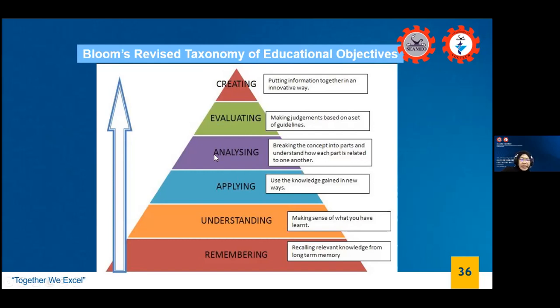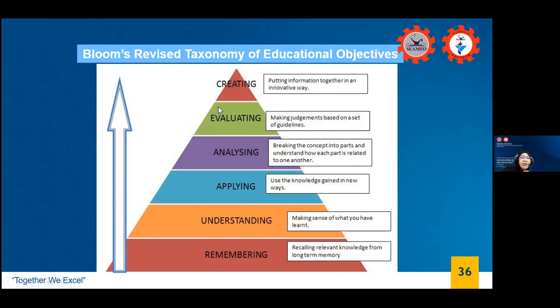So that's analyzing. And then evaluating is when your student is able to make judgments based on a set of guidelines, meaning they can make a conclusion, and out of that conclusion, they can make some suggestions, some improvements.